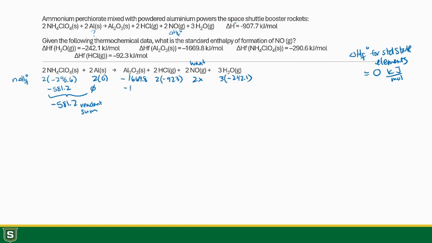So this is not 669.8. This is negative 184.6, 2x, negative 726.3. And if I sum these, it's going to be negative 2580.7 plus 2x.